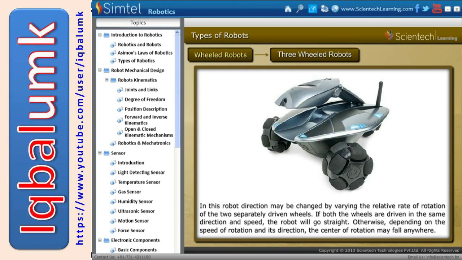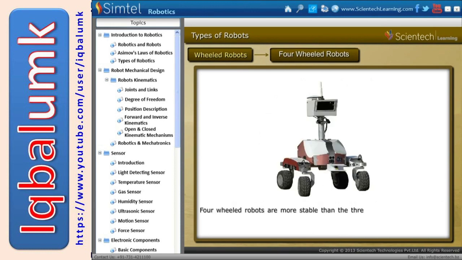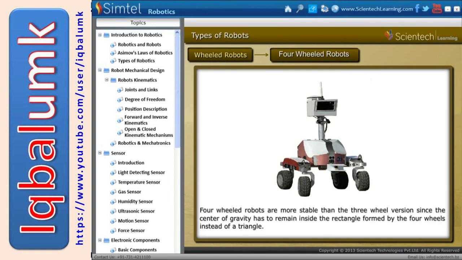Another one is four-wheeled robots. Four-wheeled robots are more stable than the three-wheel version, since the center of gravity has to remain inside the rectangle formed by the four wheels, instead of a triangle. Next is five or more wheeled robot.